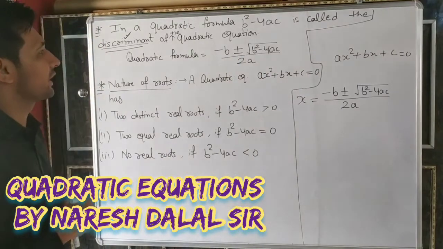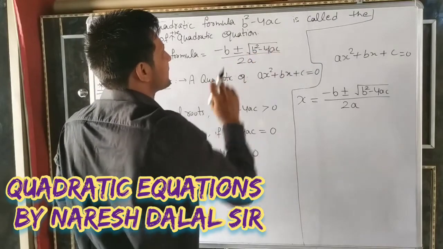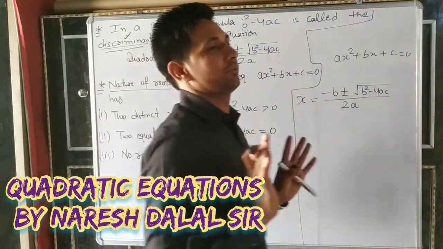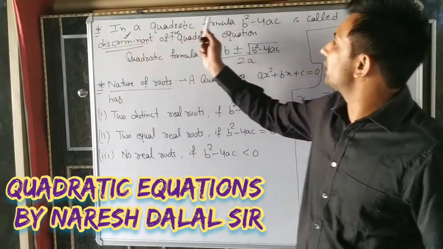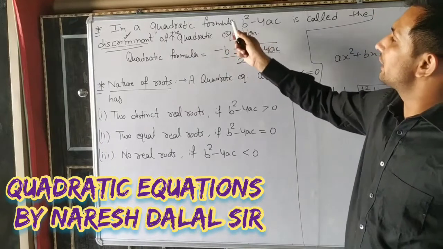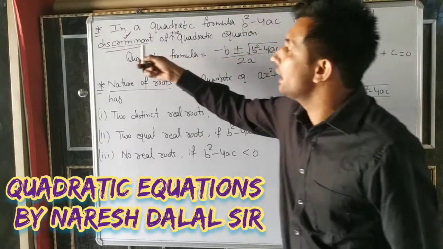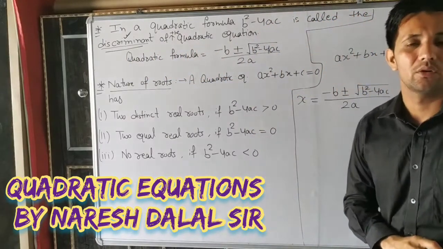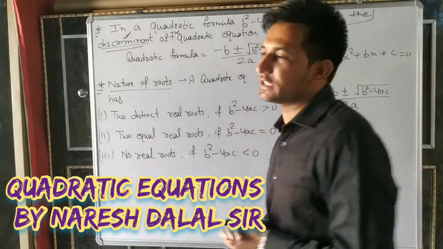So what is the discriminant? The expression under the root, b square minus 4ac, is called the discriminant. So always remember, in the quadratic formula, b square minus 4ac is called the discriminant of the quadratic equation.